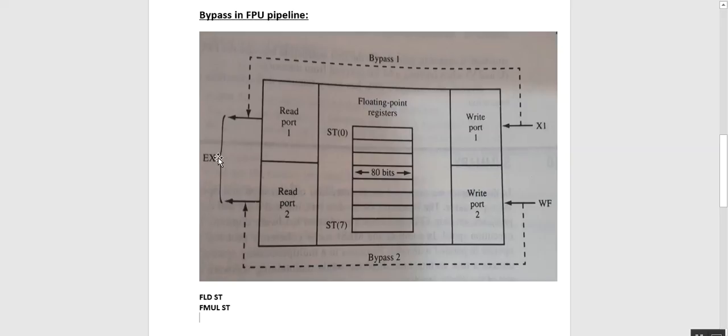The Pentium is capable of executing two floating point unit instructions at the same time under special circumstances. But to do so, the first instruction of the pair must be one of the following. First, FLD, which should be single or double.